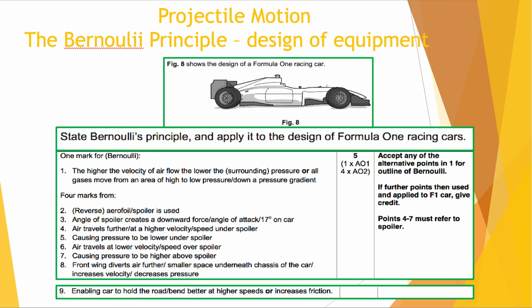The higher the velocity of airflow, the lower the surrounding pressure. Gases move from an area of high pressure to low pressure, which creates this pressure gradient and therefore lift force. So in terms of the 4 possible applications, in the spoiler we have an inverted or reverse aerofoil.